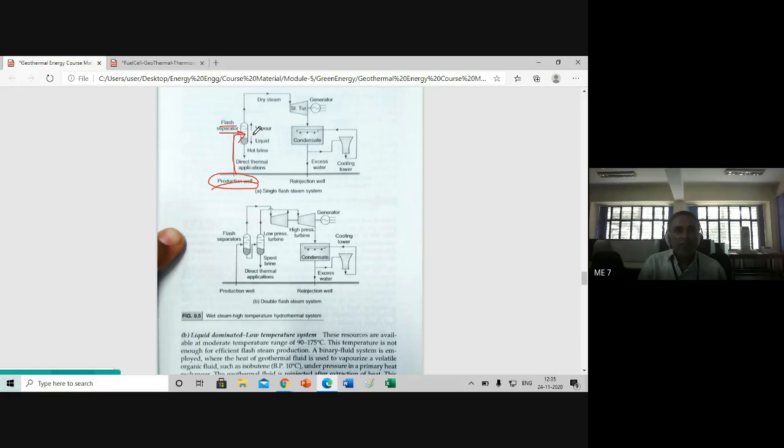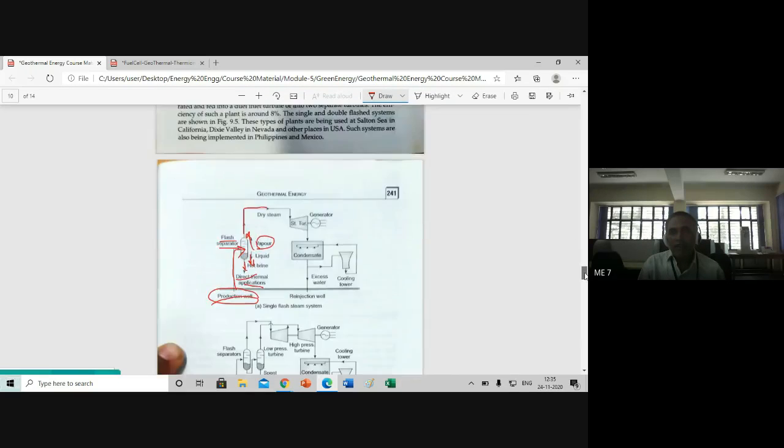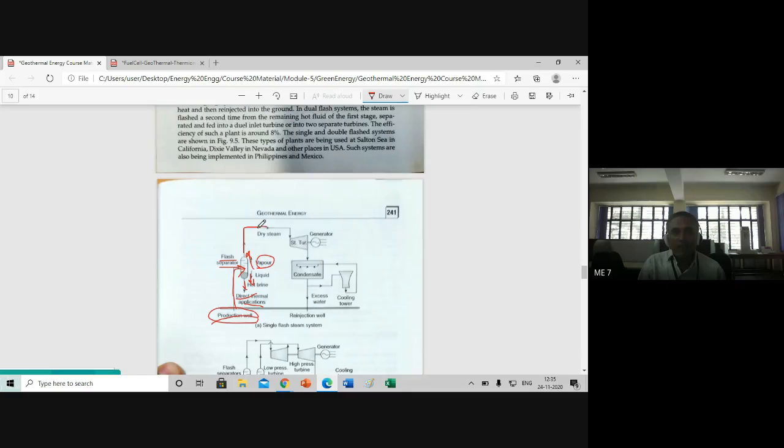Here the vapor comes this side, and the liquid goes to the bottom as brine, which is taken for direct thermal applications, whereas the vapor is taken here as dry steam, passed over the steam turbine, condensed, and sent to the reinjection well.